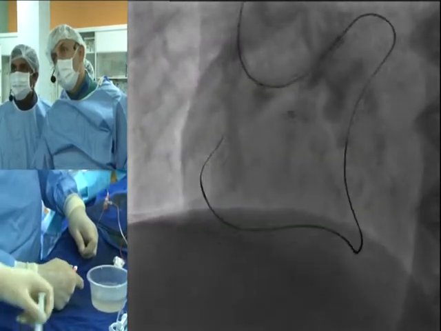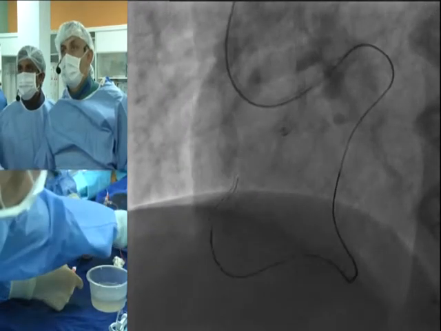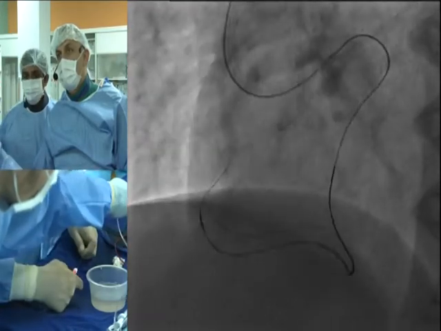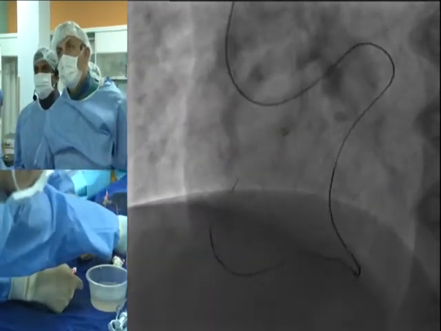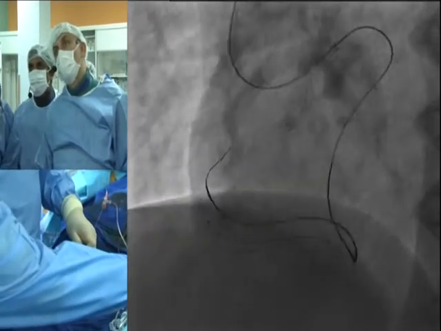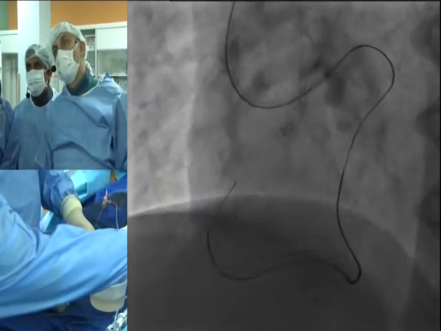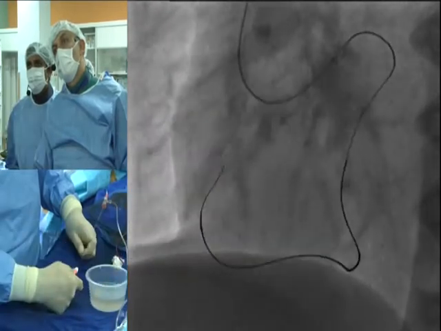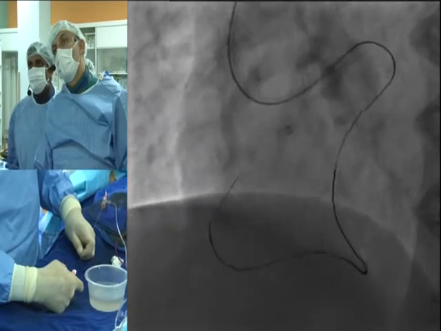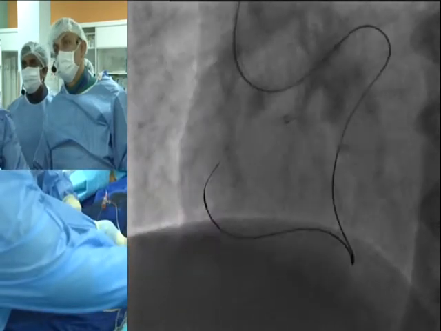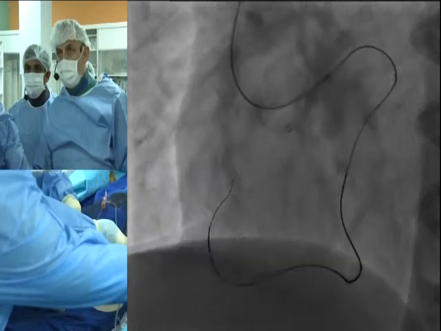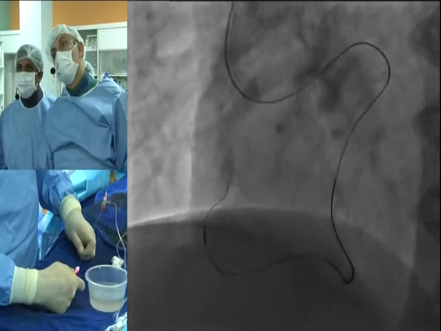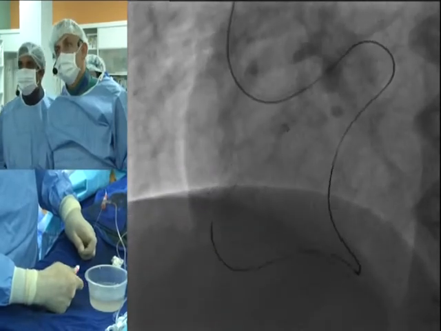Now you can see we are slowly advancing towards the proximal RCA. We don't have any PVCs on the monitor, suggesting that we are still in true lumen and not coming out.